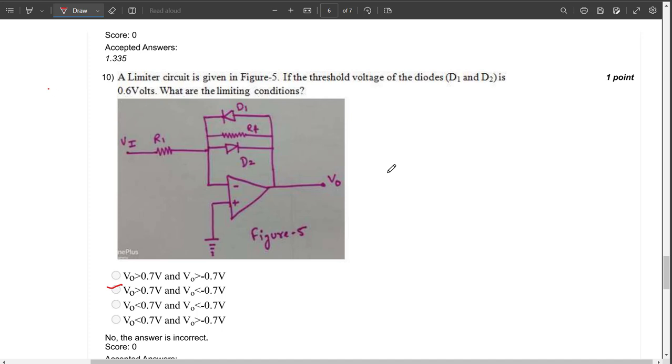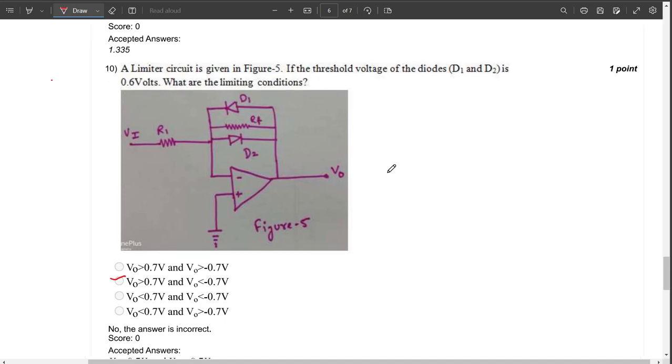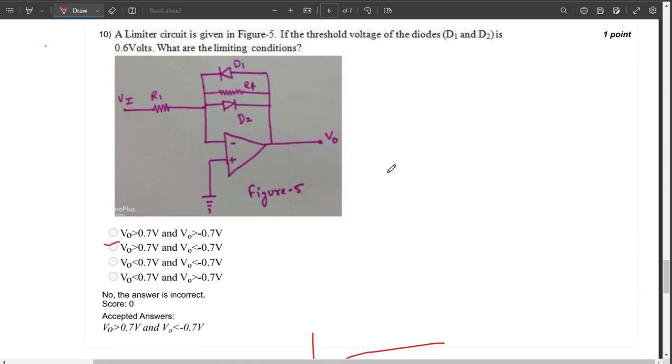First we have to discuss. Limiting condition basically means the conditions which are limiting our output voltage.